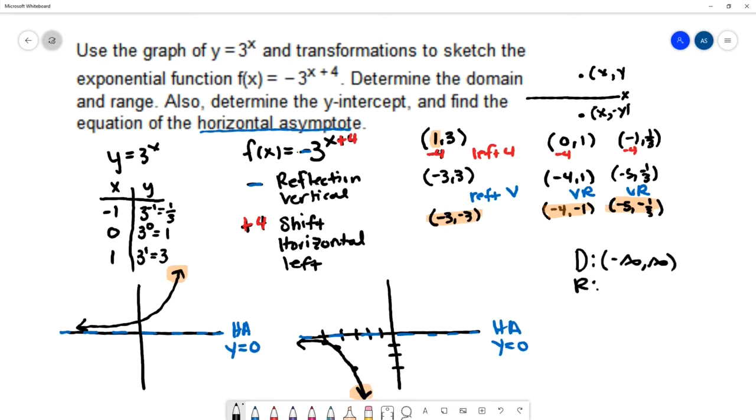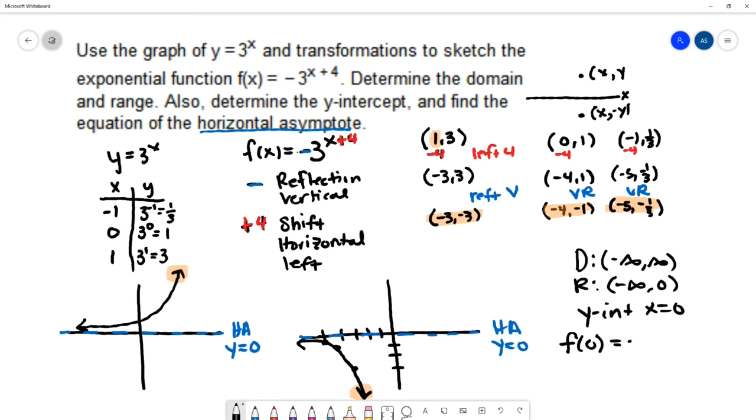The range is going to be negative infinity to 0, because you can see it's below the x-axis. And then we want to find the y-intercept. So we find the y-intercept by letting x equal 0. So let's substitute a 0 in.